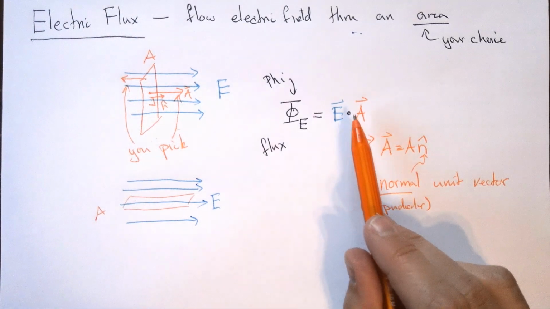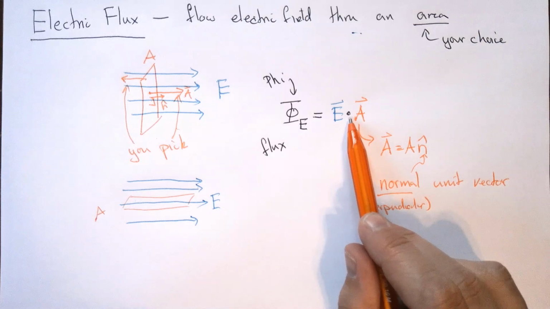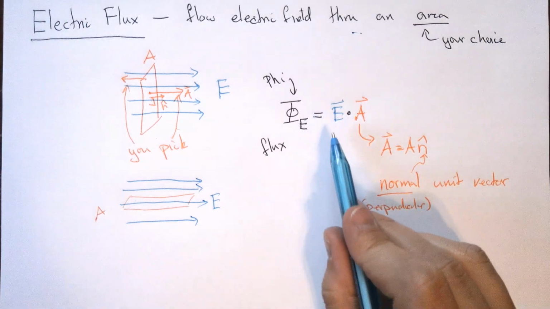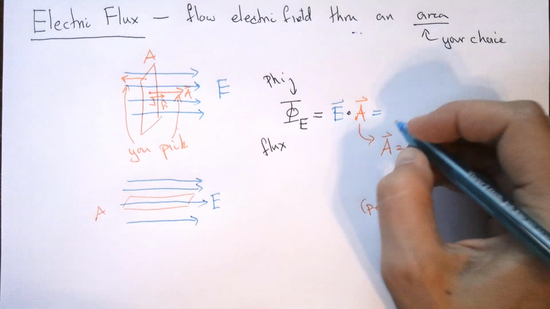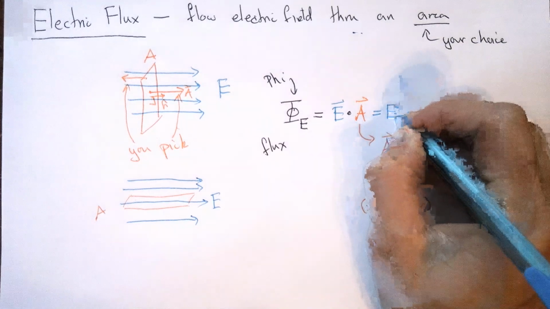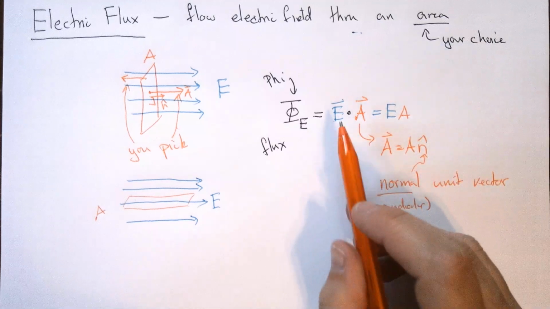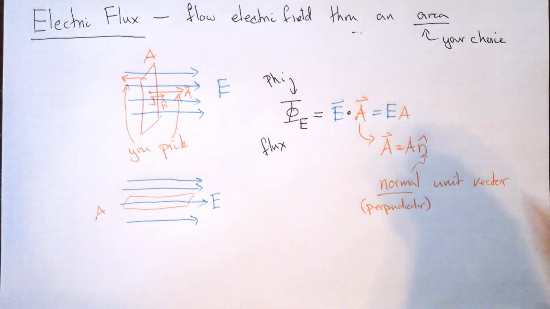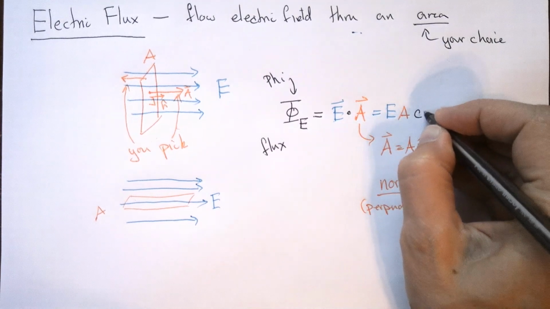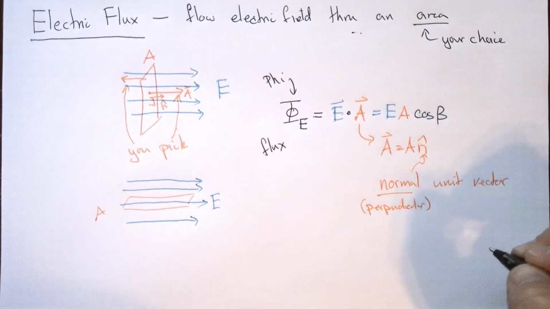This dot product, and if you don't remember how the dot product goes, well, you do it like this. You get the magnitude of each of the vectors that you are multiplying together, so the magnitude of the electric field times the magnitude of the area, or the regular surface area, times the cosine of the angle between them.